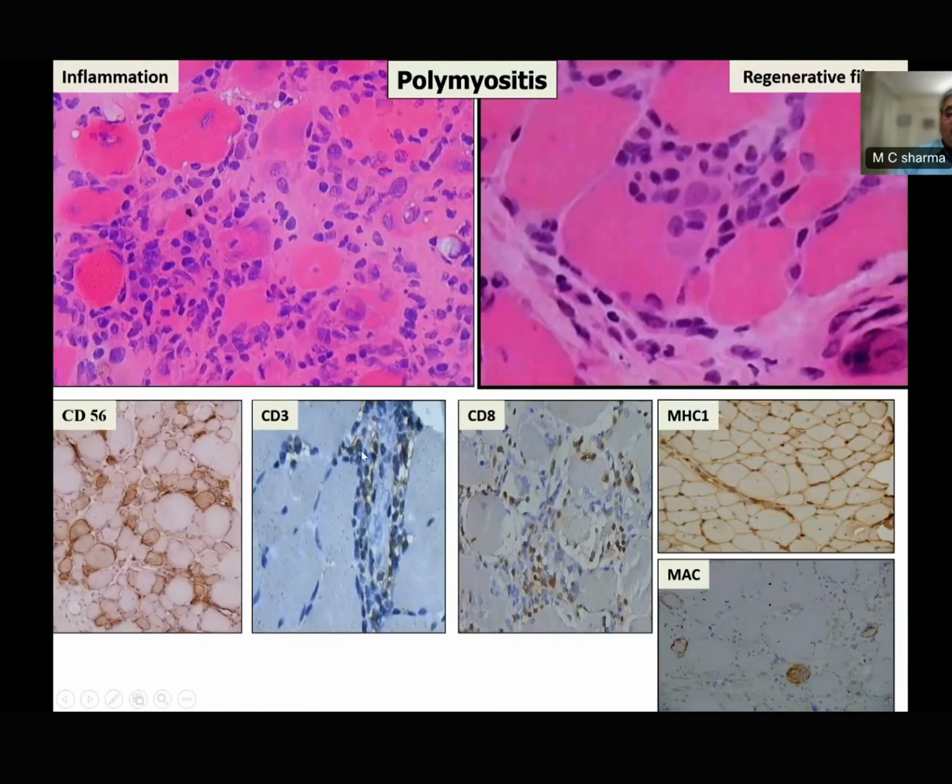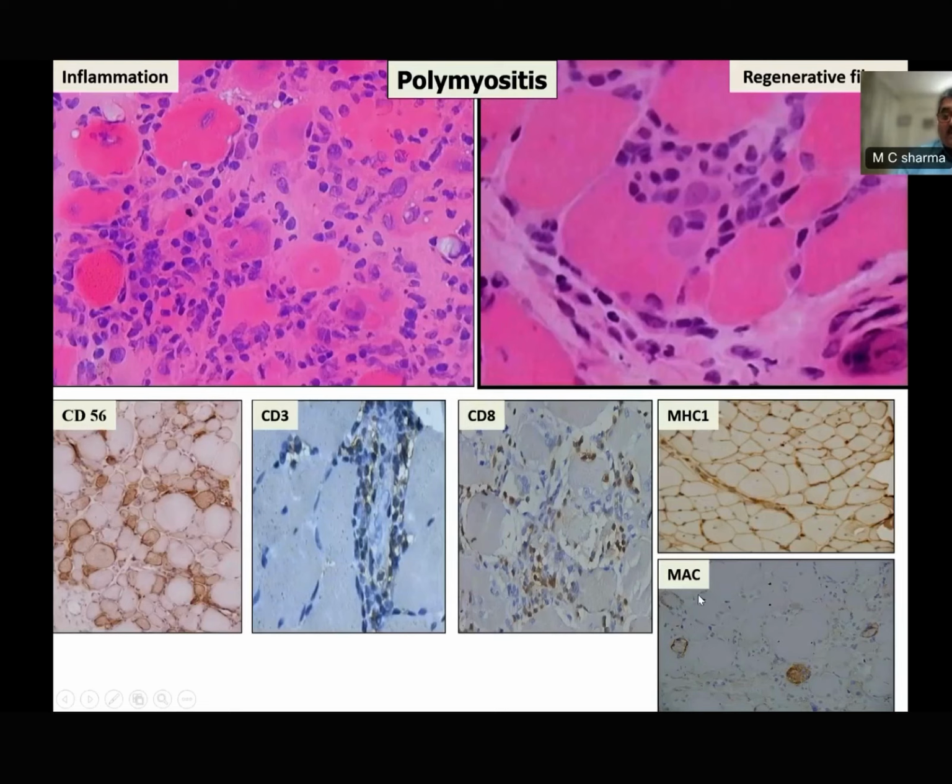For polymyositis, it is T cells, cytotoxic T cells, and they should infiltrate the muscle. They should not be outside. MHC class 1, which is absent on normal myofibers. MHC class 1 as well as 2 are both absent, but they are upregulated in polymyositis, especially MHC class 1.